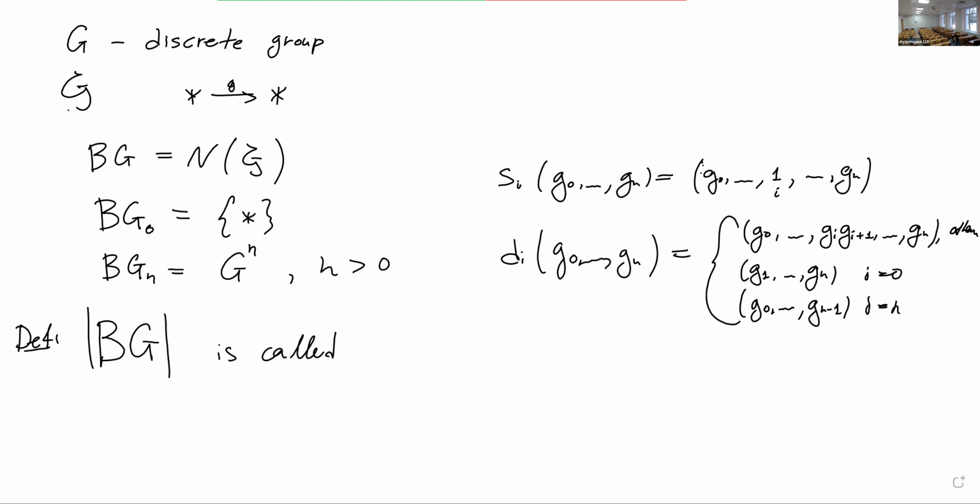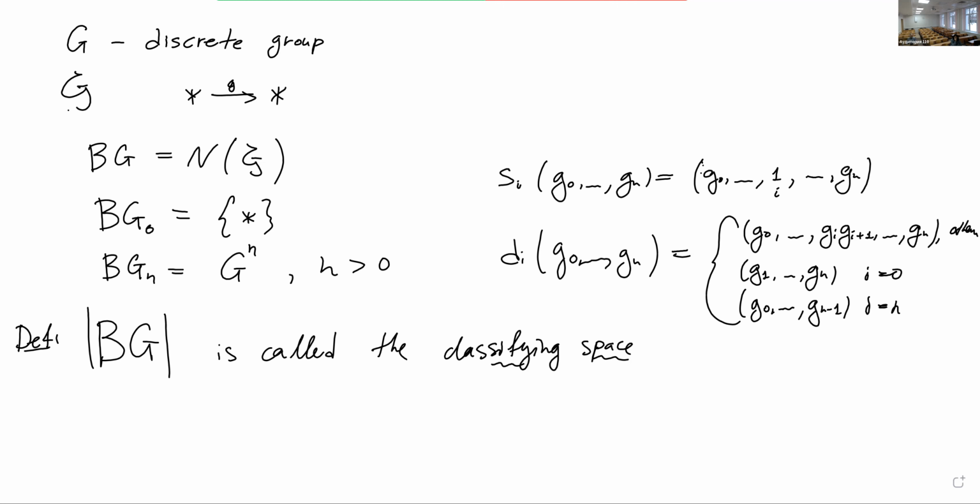Well, I think it's worthwhile to review briefly why the nerve of a category is a simplicial set, and, well, basically, what is the nerve of a category? Yes, the nerve of a category. The zeroth term is just a one-element set.